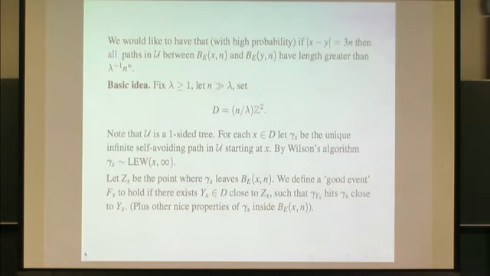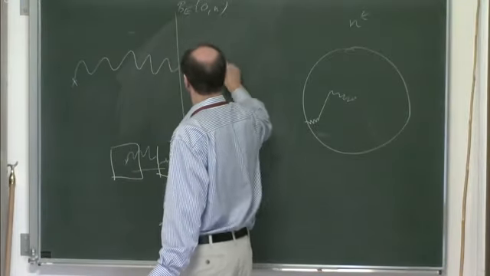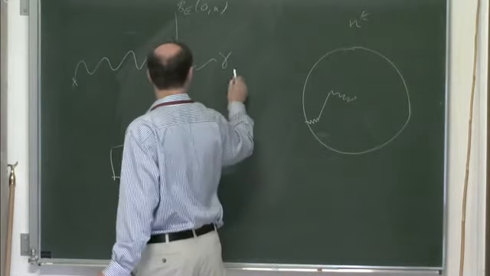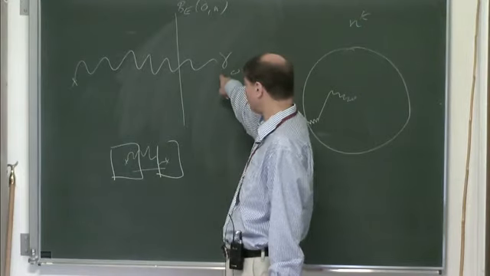So the picture, actually let's draw it on the board, and then I'll show it to you next time. I'm going to take my balls to be boxes. So here is the boundary of the ball of radius n. Here is the loop-erased random walk, which we start off our construction.